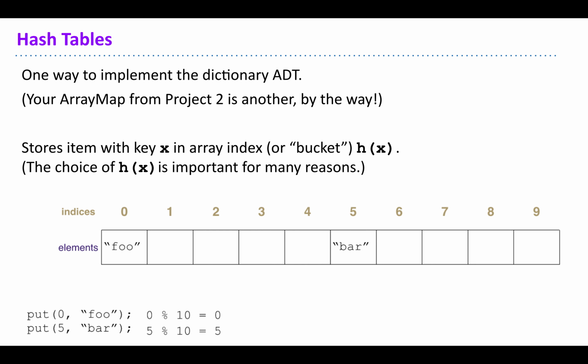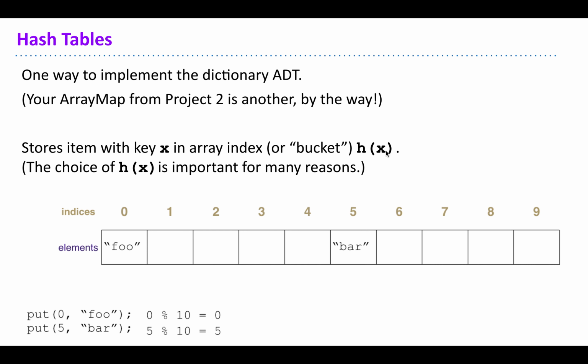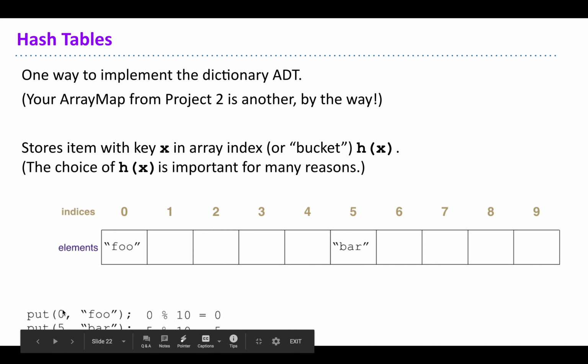But basically you have a hash function that takes in a key, x here, and returns an index, or a number. You use that number to figure out where in the table to put this. In this case, the hash function is just x, so if I hash 0, I get 0 out.